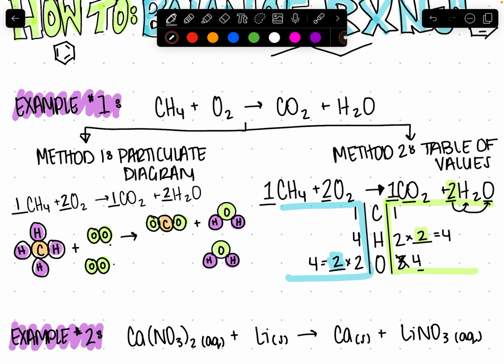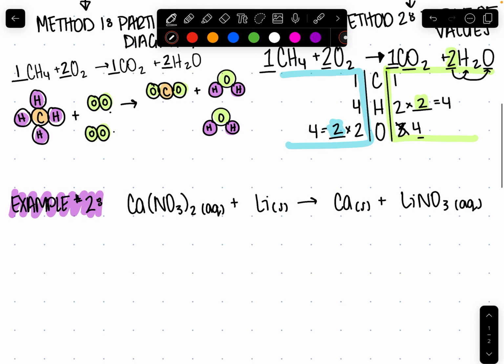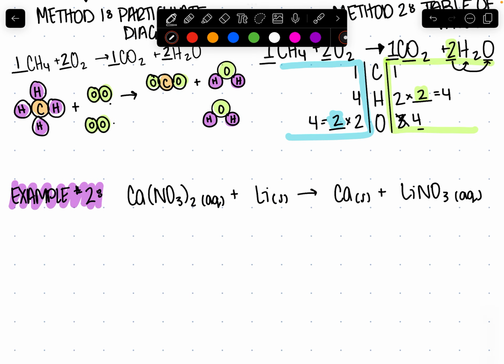But what happens when your reactions get a little bit more complicated? It's a little bit harder for you to use the particulate diagram method because it just takes a lot of time to write out all those particles. So here's another example in which you definitely are going to want to make use of the table of values method, and that's especially when you have polyatomic ions present.